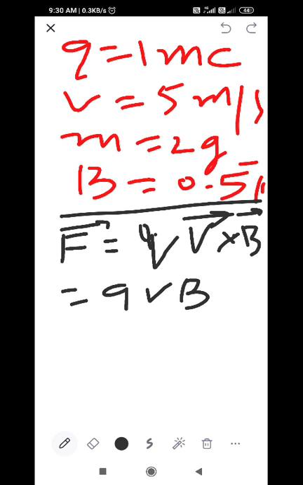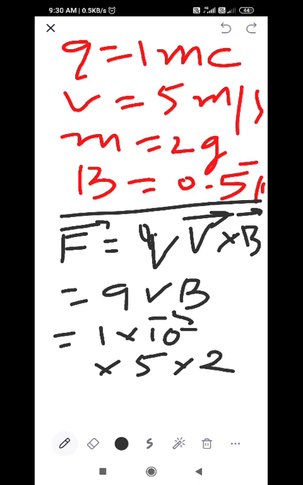Now substitute the values. 1 microcoulomb, we change it and write it into coulombs, so we multiply 10 raised to minus 3 into V, it is 5 meter per second, SI unit, and mass is 2 grams.